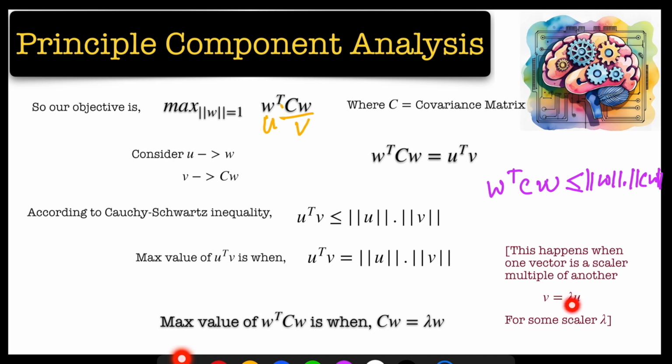V equals lambda U for some scalar lambda. So V here in our case is CW equals lambda U. U is W, right? So when this happens, then this will be maximized. So max value of W transpose CW is when CW equals lambda W.